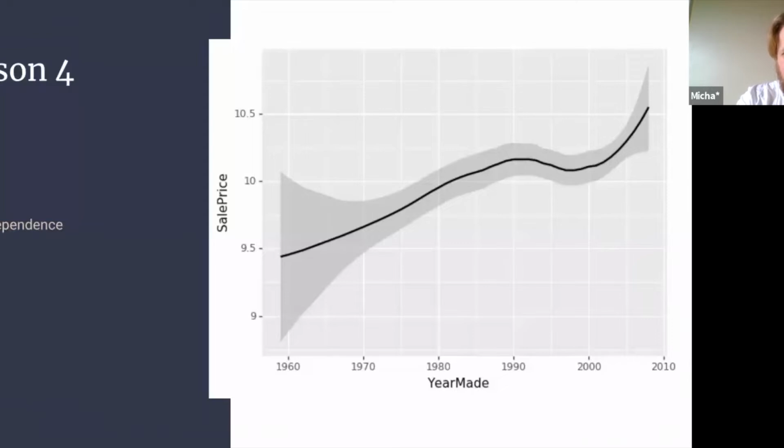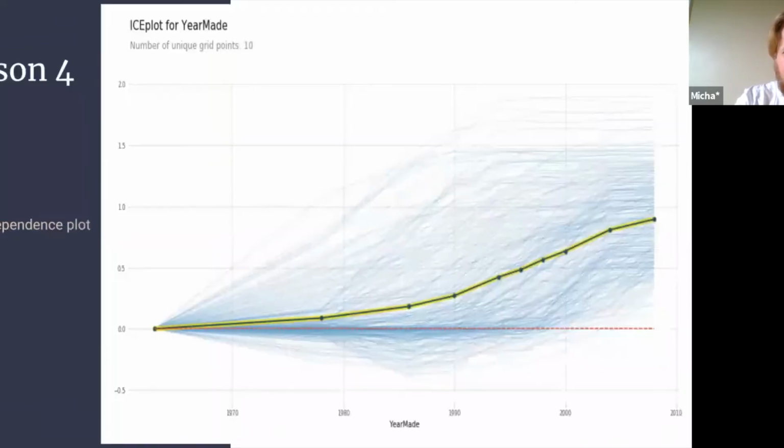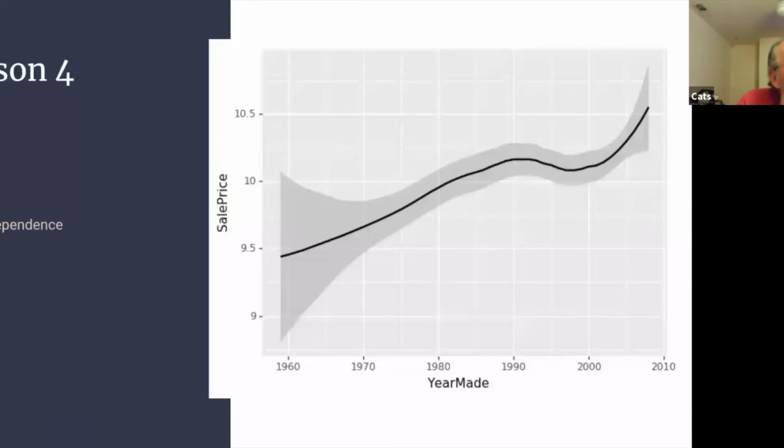And then from this graph, if we just print the year made and the sale price, it looks like the price was going up throughout the years, and then there was a dip around 1997-ish, and then it was going up again. So that's kind of, according to Jeremy, doesn't tell the full story about the price. Therefore, this PDP plot.